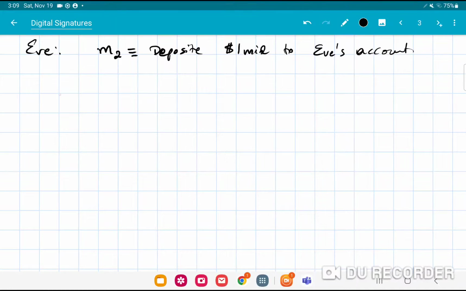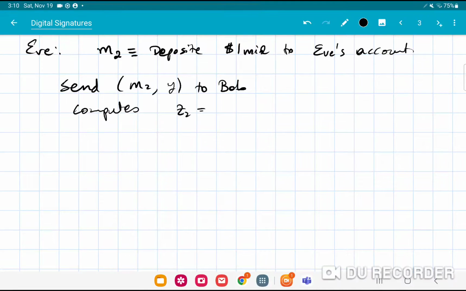And she's going to send M2 and Y to Bob, impersonating Alice. So he calculates Z2, which is Y to the power of E mod N. Well, Y to the power of E mod N gives him M. So this is not the same as M2.